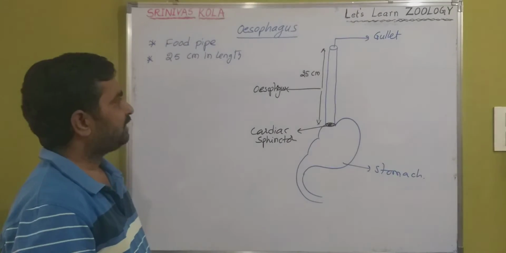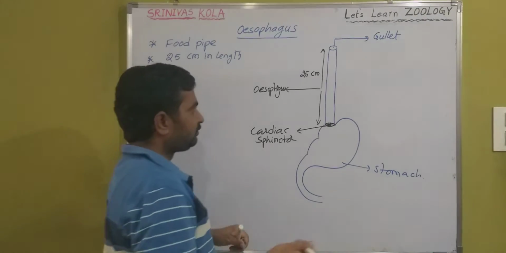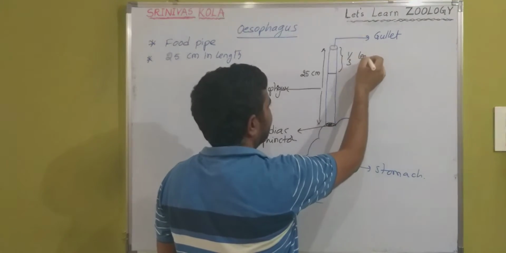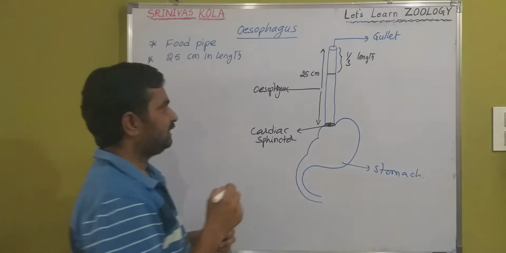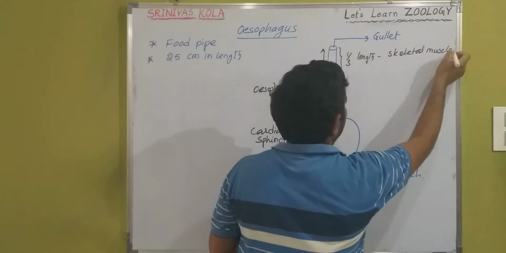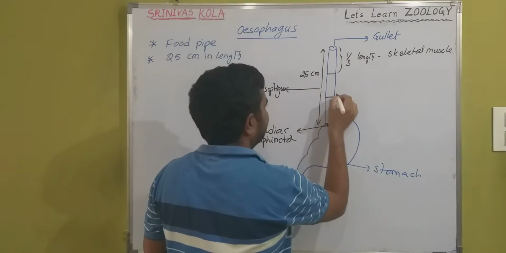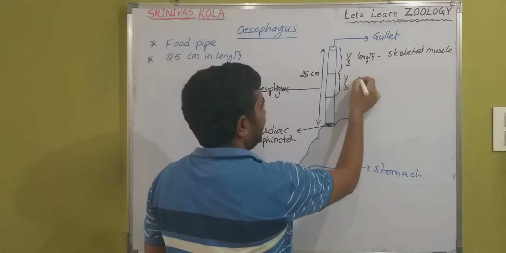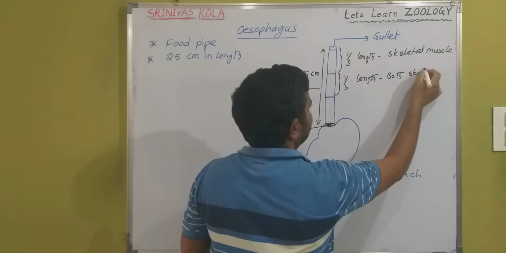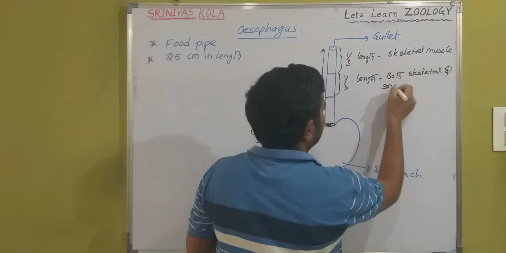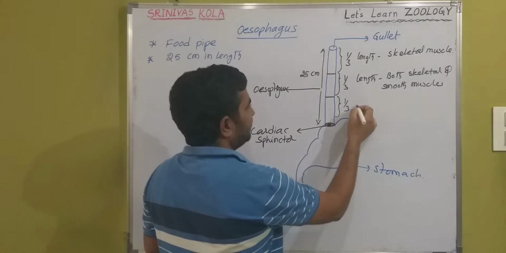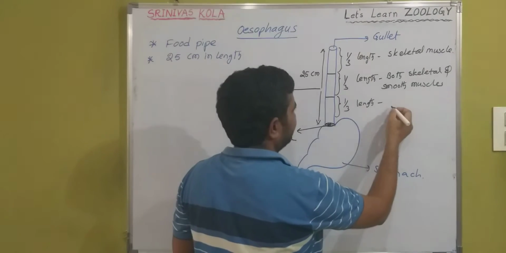And mostly the composition of the esophagus: the anterior 1/3 length is composed of skeletal muscle, the middle 1/3 length is composed of both skeletal and smooth muscles, and the posterior 1/3 length is made up of smooth muscles.